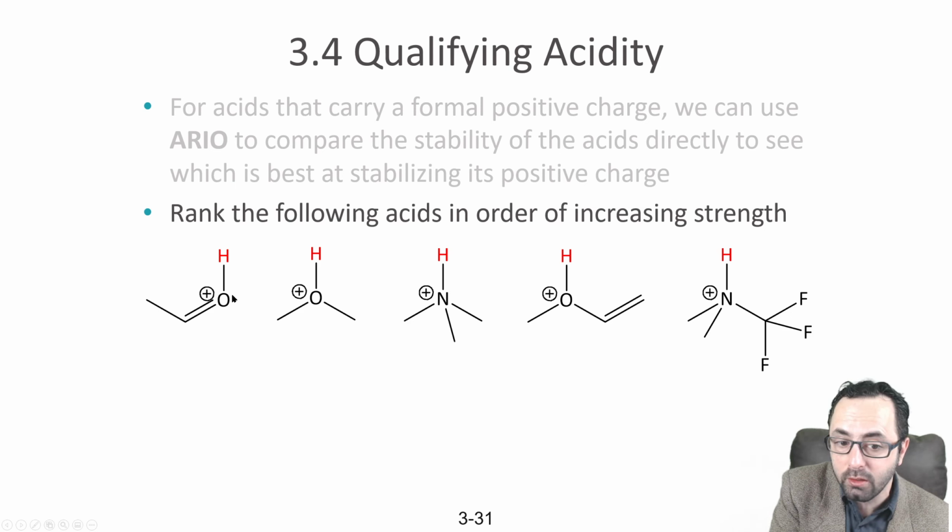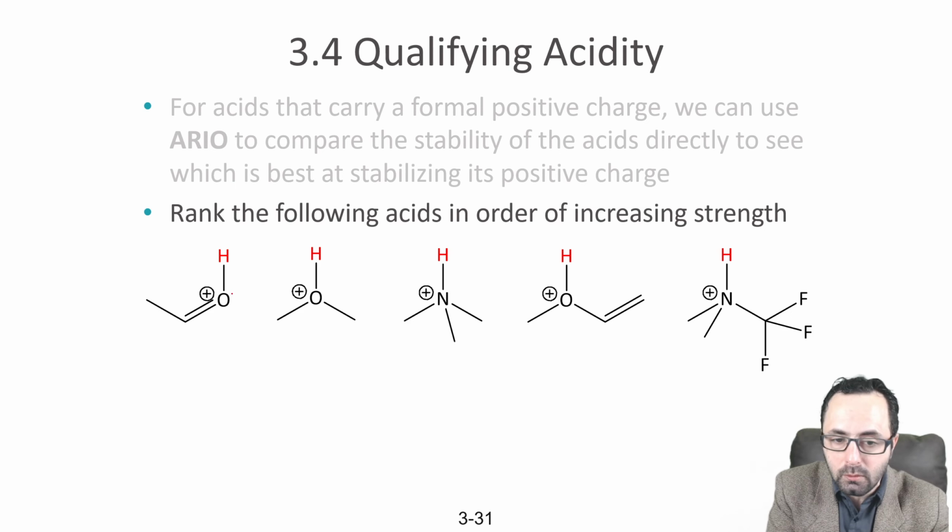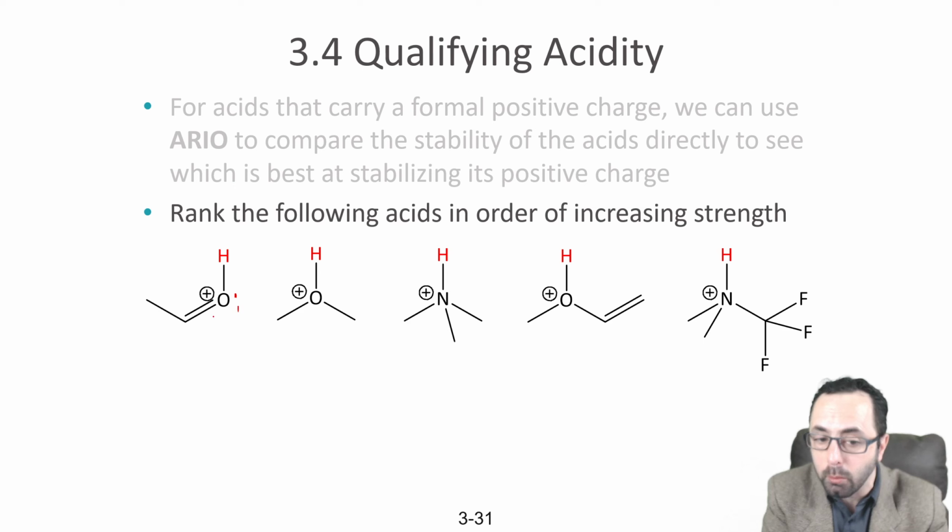So this oxygen, for example, here has 1 lone pair and 3 bonds. If it behaves as an acid, that H plus will be removed, and these electrons will be left behind right here. And so we'll have an oxygen with 2 bonds and 2 lone pairs. That will be that one there.